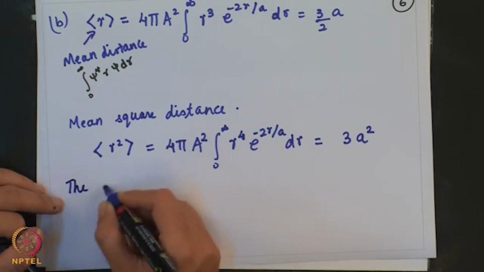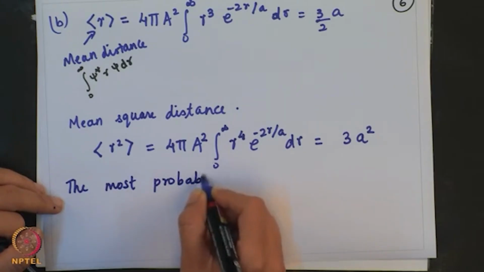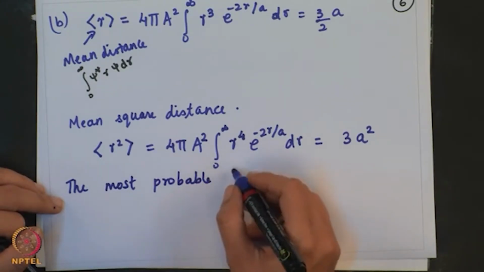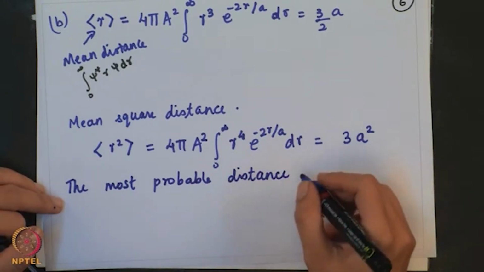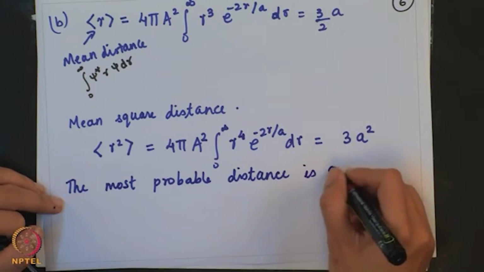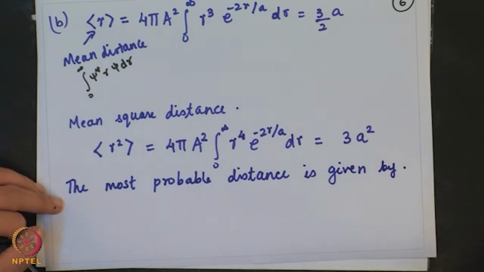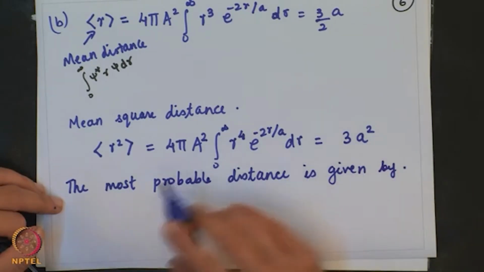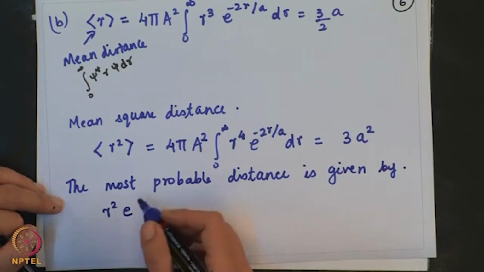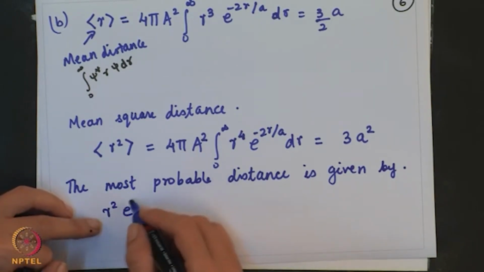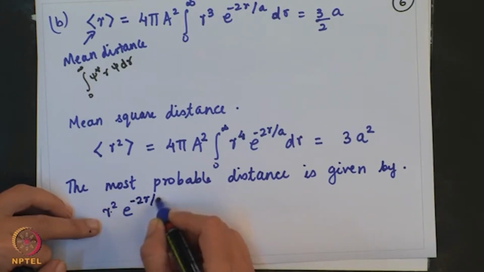Mean square distance comes out to be 3 a square, and you can similarly calculate the most probable distance. What we have to do is maximize this quantity, that is psi star r square psi, so you have r square e raised to minus 2r upon a.